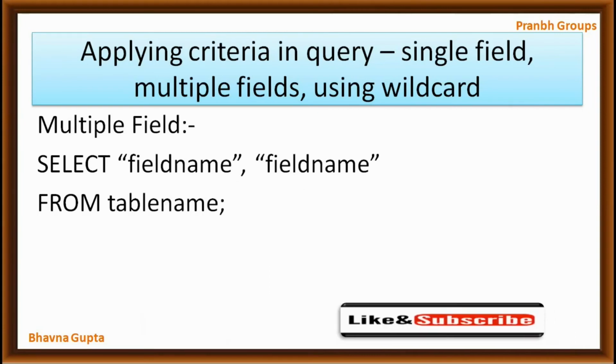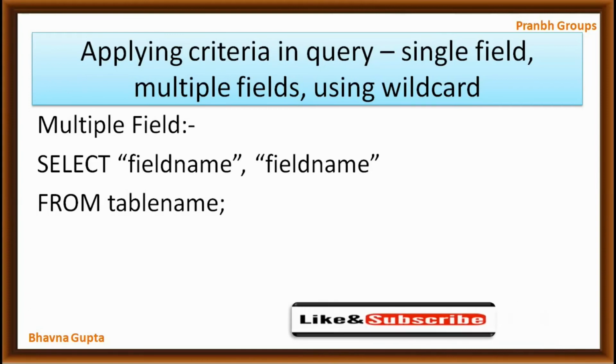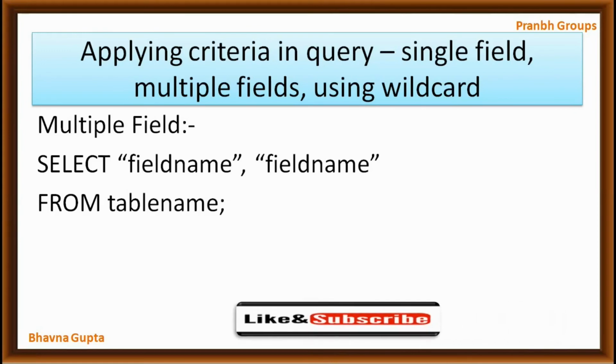If you want to create a query using more than one field, you can use this statement: select field name, then using a comma operator, second field name, using a comma operator, third field name, fourth field name, and then using from and then table name, and at the end of the statement use a semicolon.